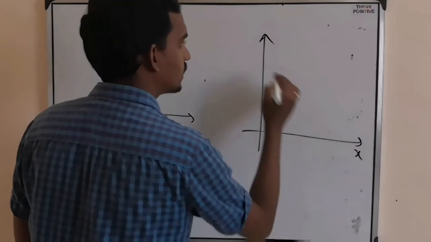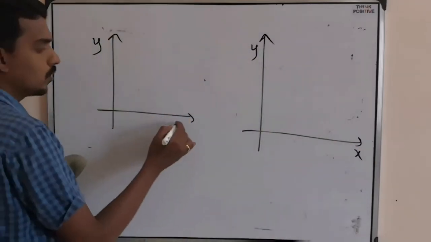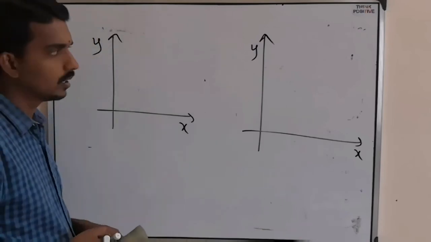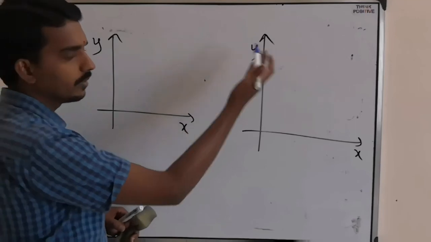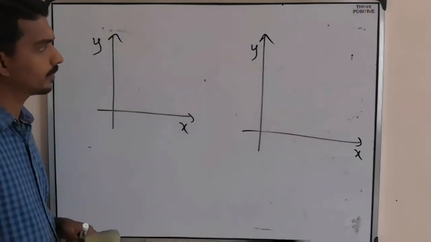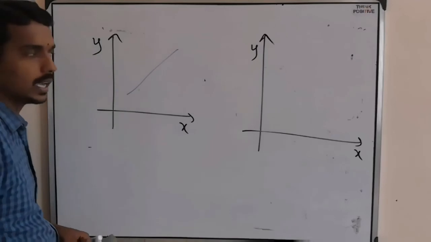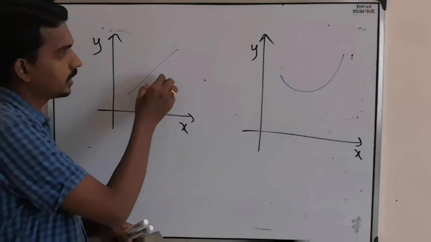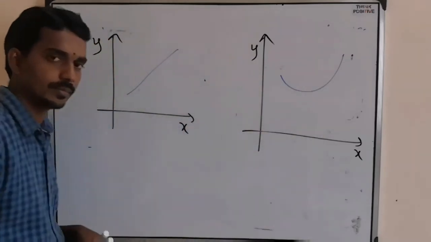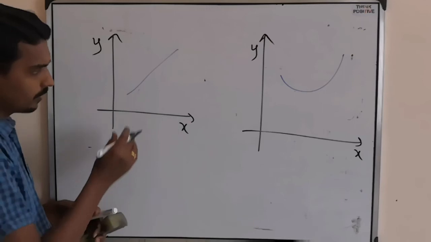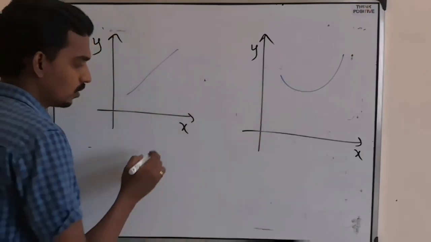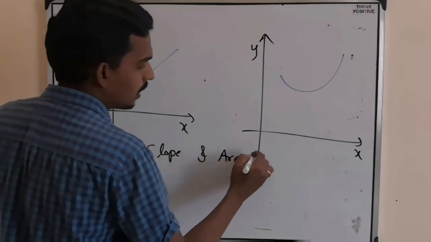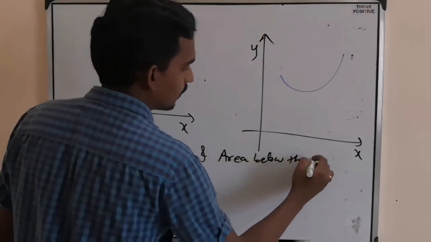Graph means the representation of variation in one quantity with respect to another quantity on graph paper. So how a quantity varies with another variable. Graph may be a straight line, graph may be a curve. There are two types of graphs, either straight line or curve. And for every graph, whether it is straight or curve, you can find two things, slope and area below the graph.